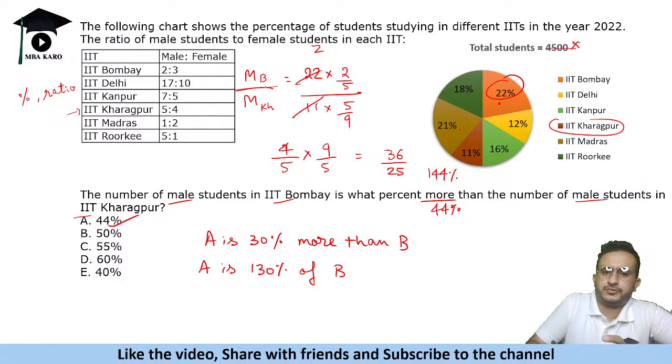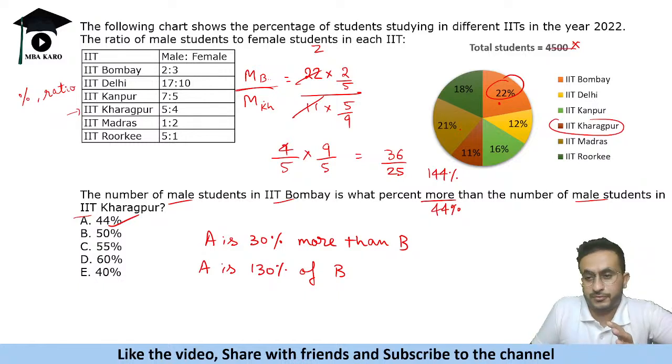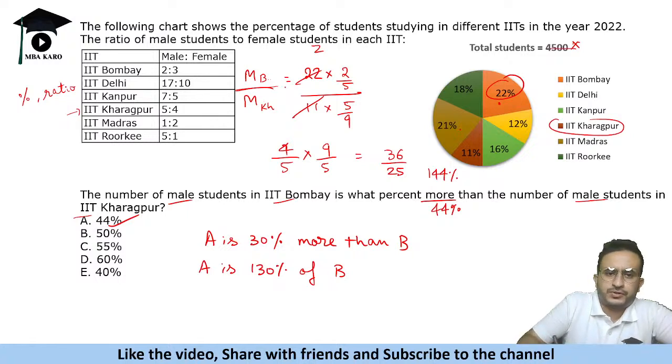Male students in IIT Bombay upon male students in IIT Kharagpur. So this is 22% of the total into 2 by 5, because males are in the ratio 2 to 3, so 2 males upon 5 students. Similarly, in IIT Kharagpur, 11% students, 5 are male out of a total of 9. So we take this proportion, which turns out to be 4 by 5.